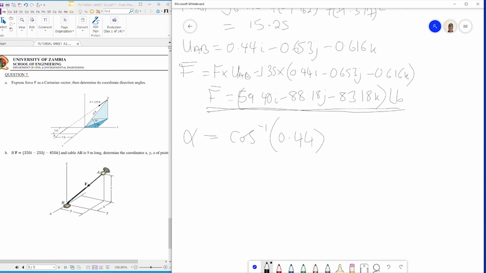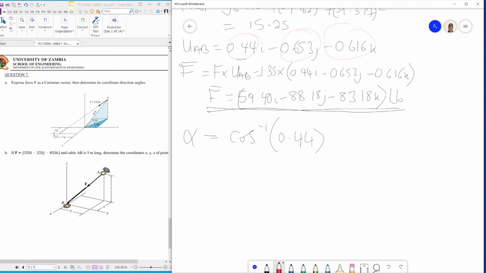This should be cos alpha, cos beta, and cos gamma.